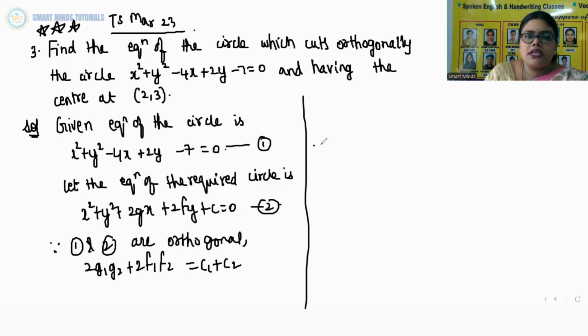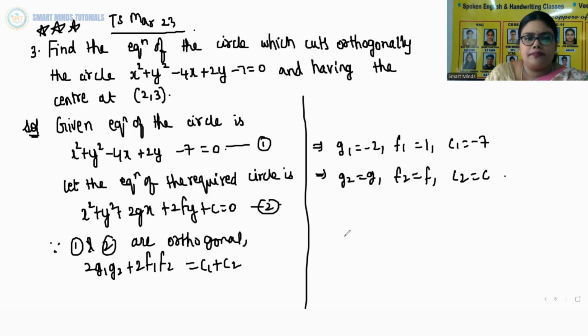Now from the first equation we get g, f, c. g1 is minus 2, f1 is 1 and c1 is minus 7. And from the second equation, g2 is g, f2 is f, c2 is c.